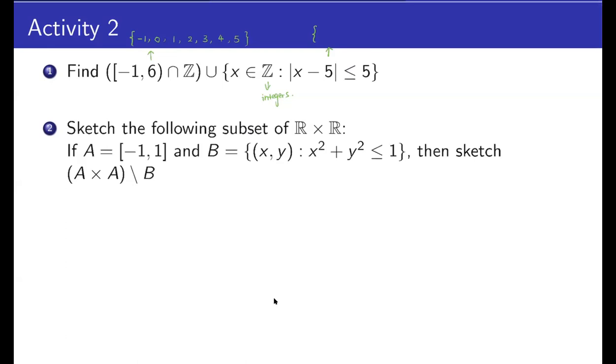If this is this bracket, then it will include 6.